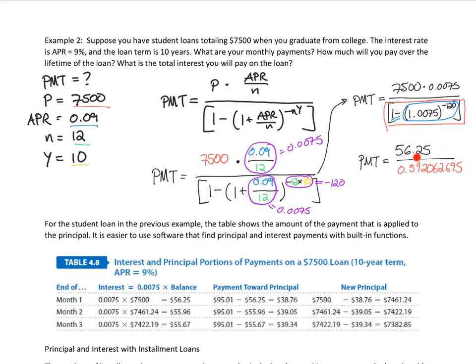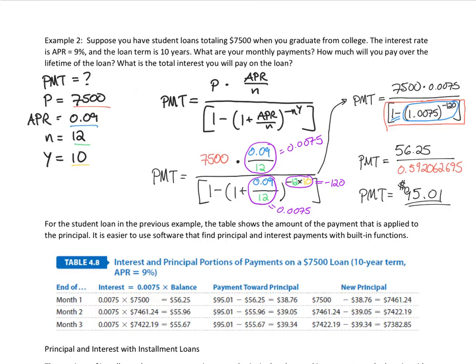It was just 56.25. So after you make that division, you'll see that the payment is equal to $95 and 1 cent per month.